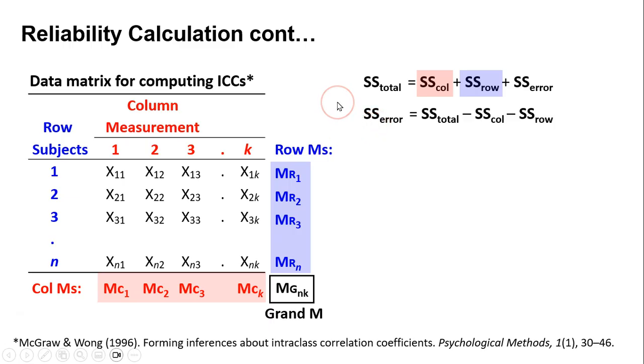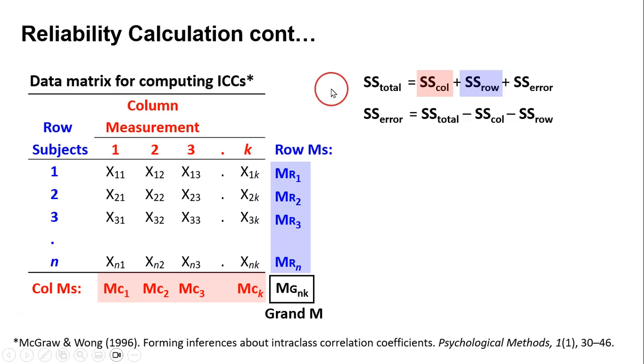I just went through a review, but for our calculation, we only need a couple of these values. We don't need all of them. We only need the row value and the error value. Those are the only two we need to get our interclass correlation coefficient.